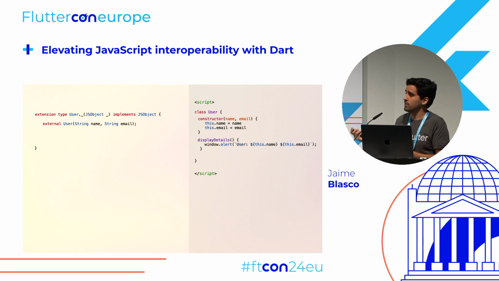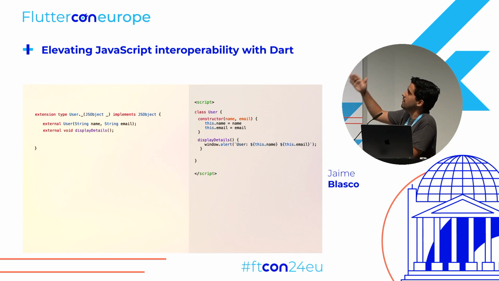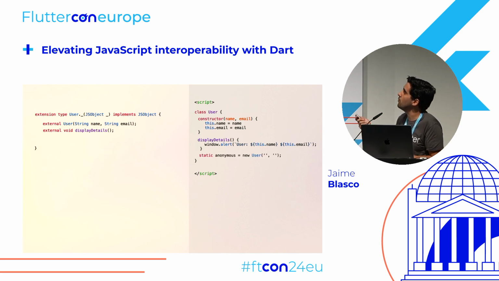Something similar, if we wanted to create a setter, a getter, or a method, we will define it first in JavaScript, and then we will have to create the interface in Dart itself, external, and then the interface of a getter, setter, or a method.